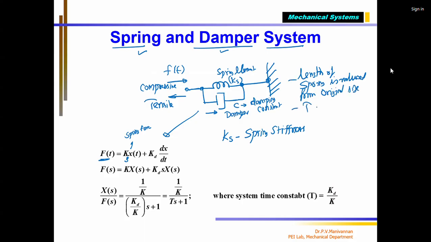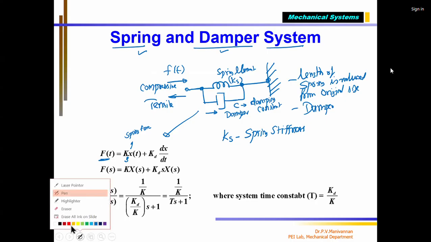Similarly, in the damper, we know that a piston moves inside the cylinder, which is filled with viscous oil. So the damper piston also moves inside. Together, the spring is getting compressed and the piston moves inside the damper. Since both are connected separately, from the original they go to a new position.